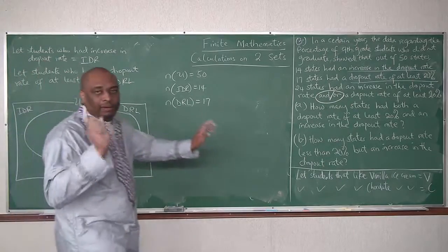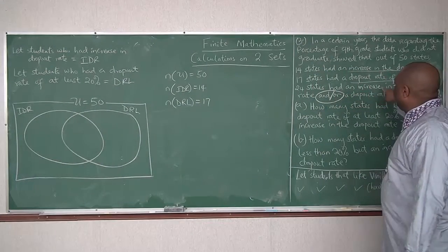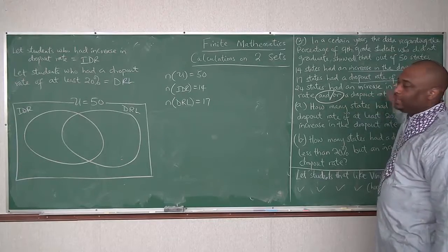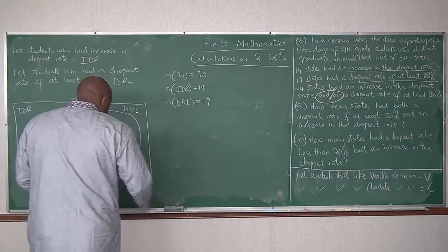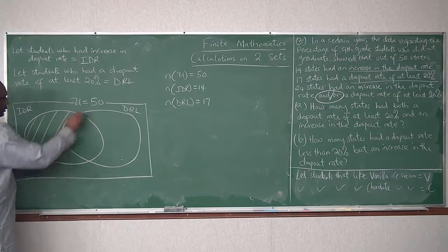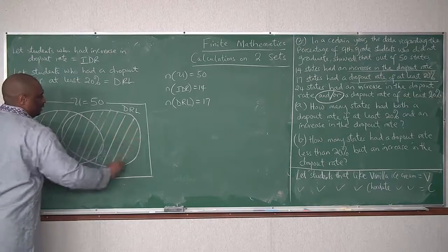Now 24, let's look at 24 states. 24 states had an increase in the dropout rate and or dropout rate of 20%. So that tells you that and or is everything here. Everything here is and or.